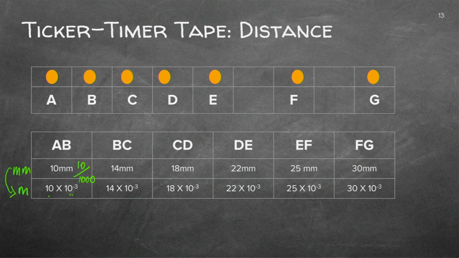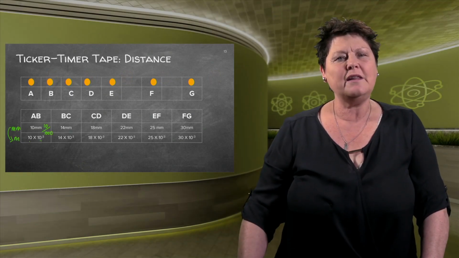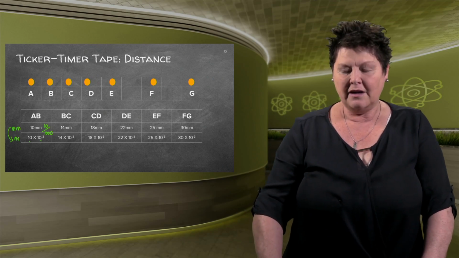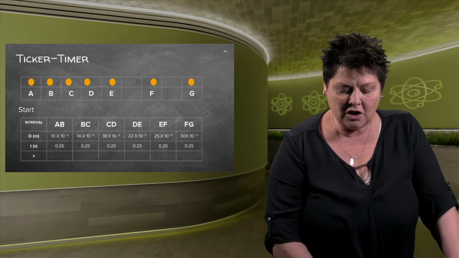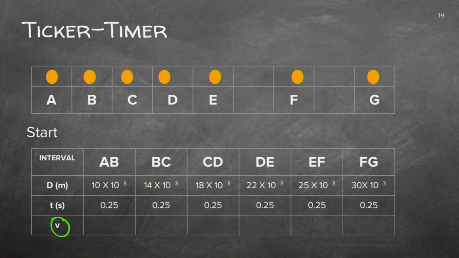I hope you did one or two, because then this will be easy to get to the velocity. So they asked me, what is the velocity or the speed, because it's in the same direction. So if I have the distance, and I have the time, remember the ticker tape's frequency, I divided the one by the ticker tape frequency and I got the time.